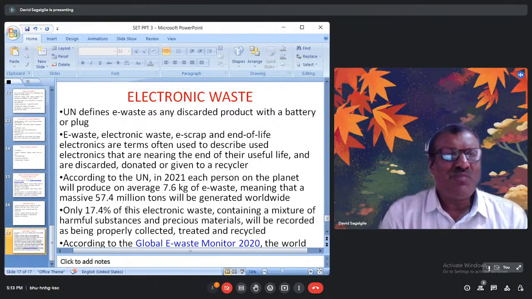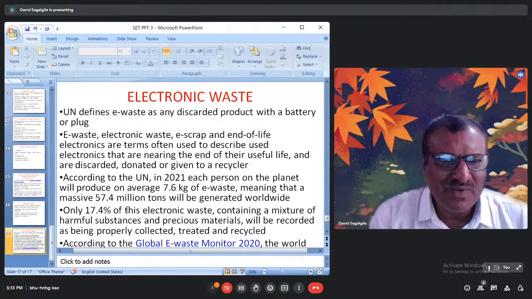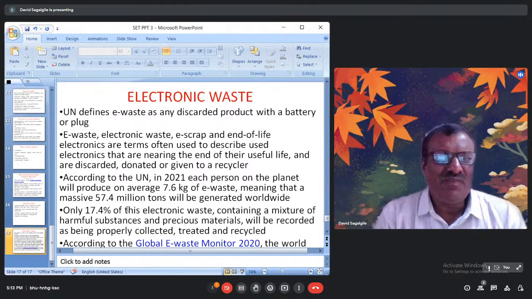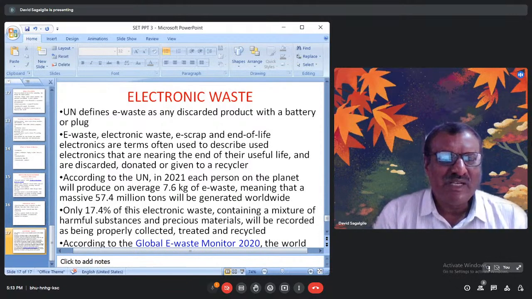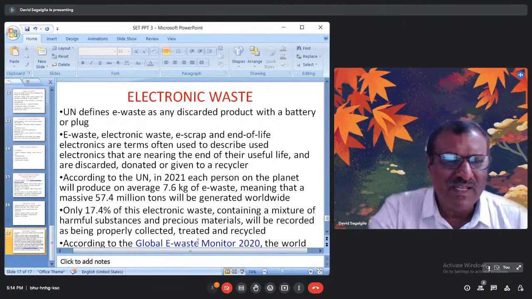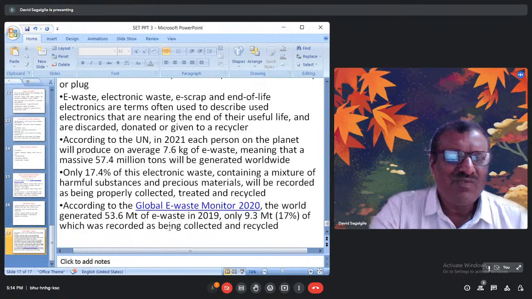Only 17.4% of this electronic waste, containing a mixture of harmful substances and precious materials, will be recorded as being properly collected, treated, and recycled. But the remaining amount of electronic waste will be dumped here and there.